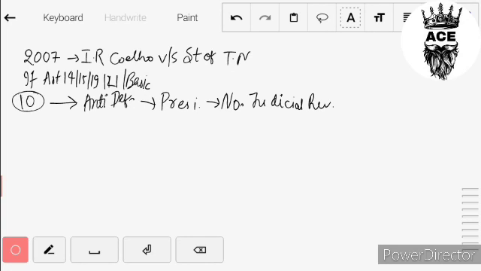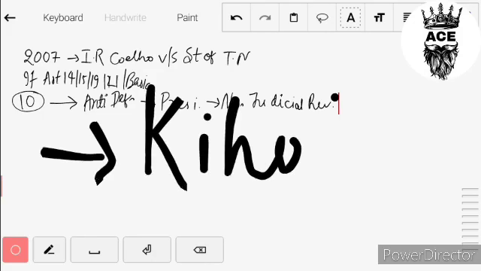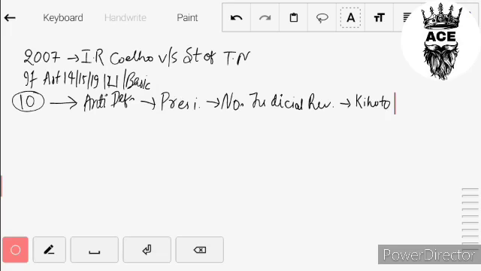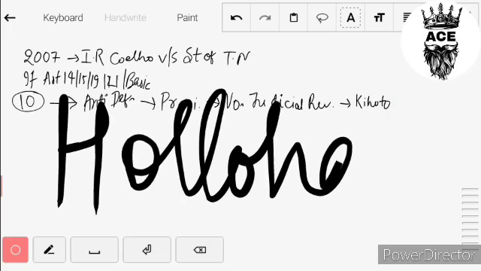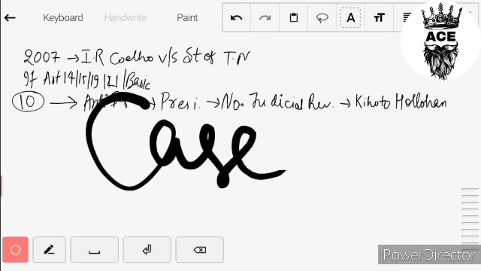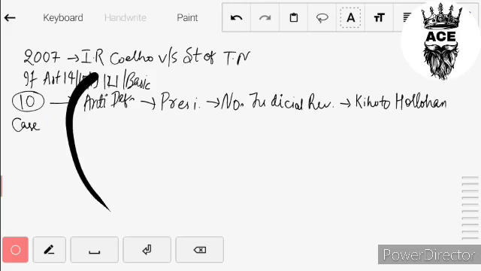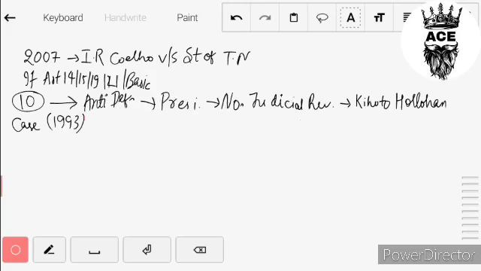But there was a case, and that case is Kihoto Hollohan. The name is very important, the Kihoto Hollohan case. In the Kihoto Hollohan case, in 1993, it was held that the presiding officer's decision is also under judicial review.